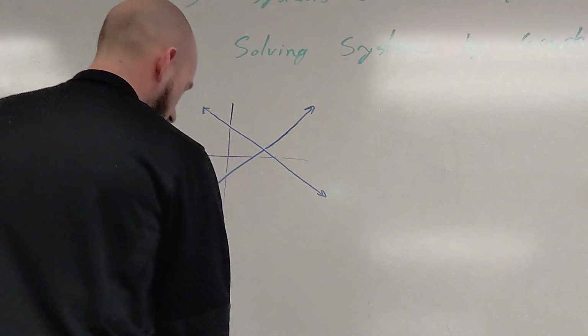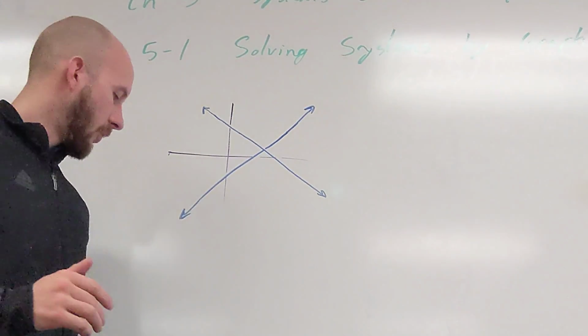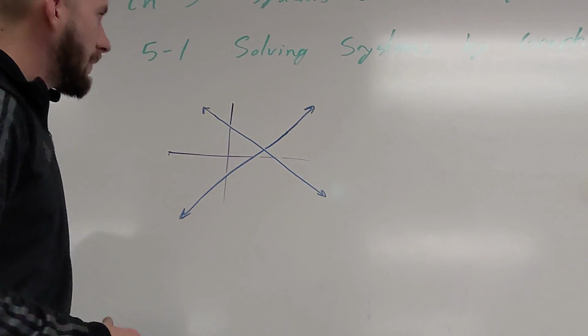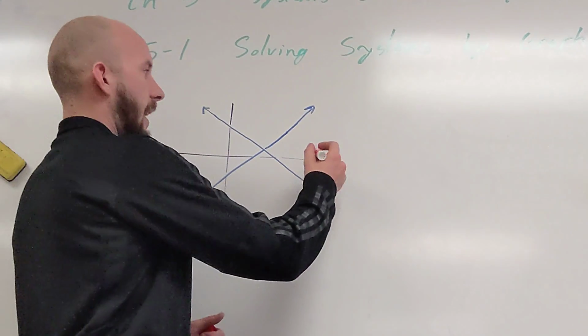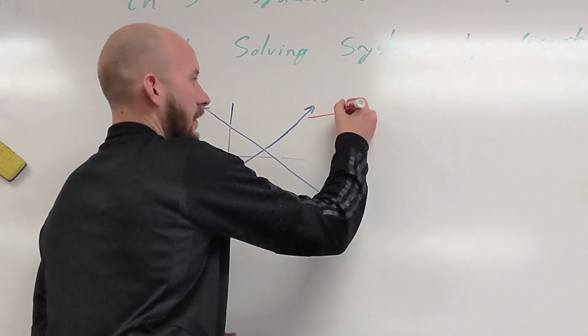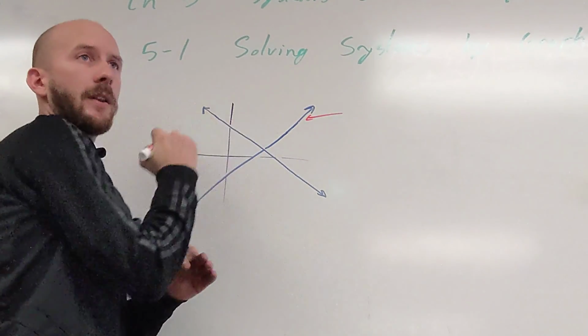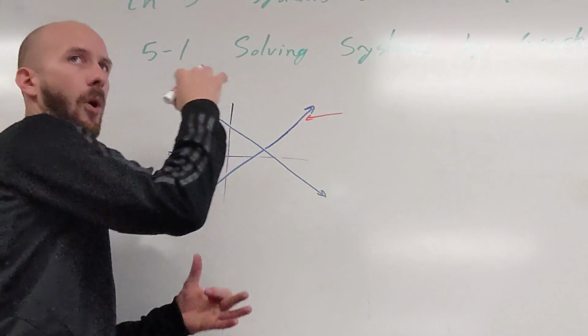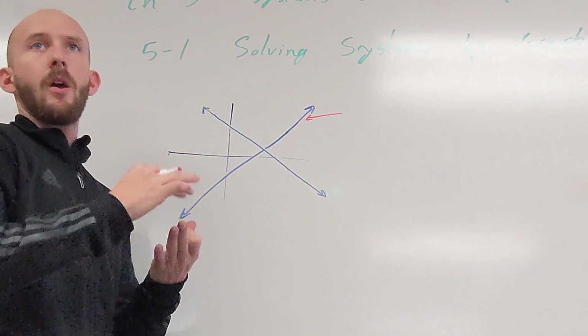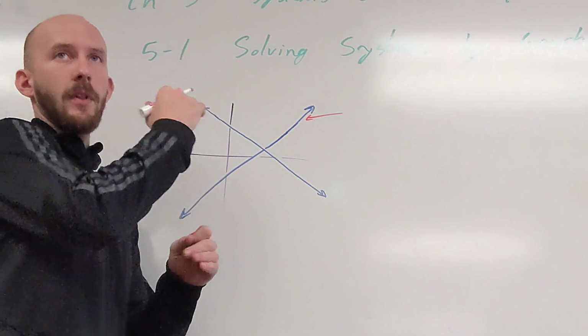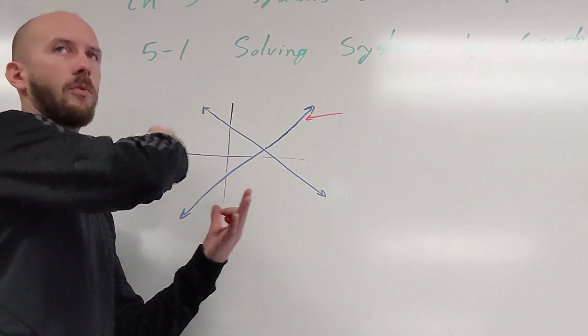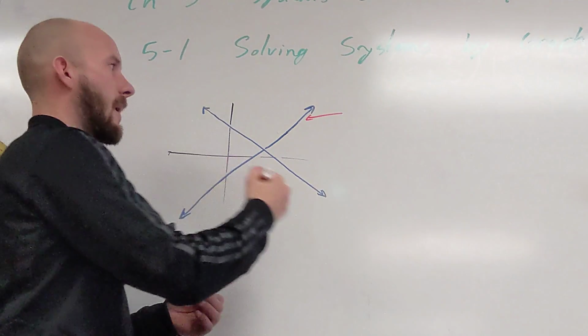Okay, so there's a couple ideas that I think are really, really important for us here. And the first is that if I look at one of my lines, all of the points on this line, every single one, all of those ordered pairs are solutions to that equation, the equation that you would get to graph that line.